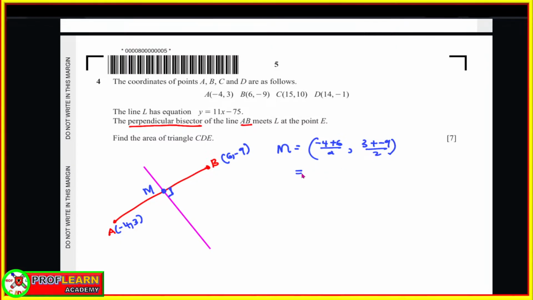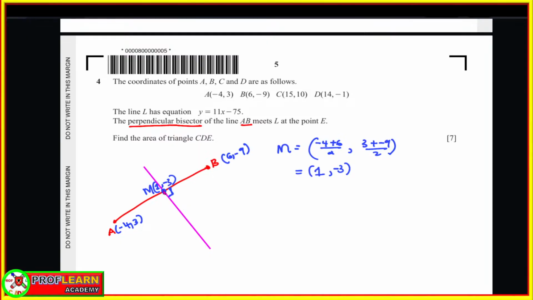If you work this out, you get 1, and 3 plus negative 9 is minus 6, then dividing by 2 you get minus 3. So the coordinate of this point here is 1, negative 3.